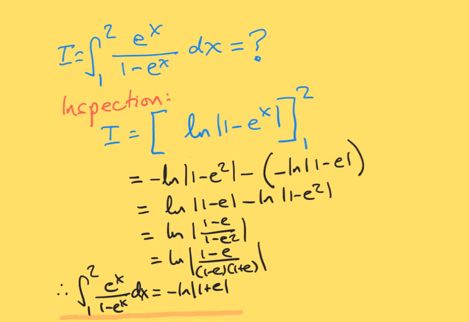And of course, there could be factors, numbers, minus signs. So let's just leave a bit of space here, and we can work out what they are by differentiating this. So if you differentiate the log of the modulus of a function, you get 1 over the function, which is this, multiplied by the derivative of that function, and the derivative of that function is going to be minus e to the x, because the derivative of e to the x is e to the x.